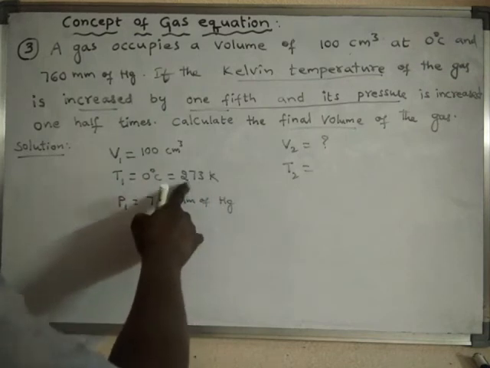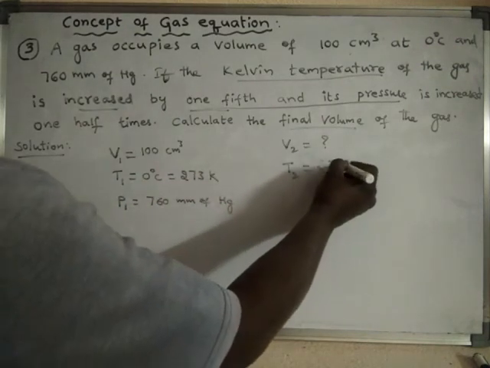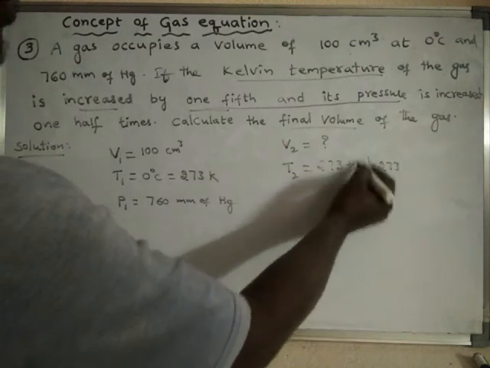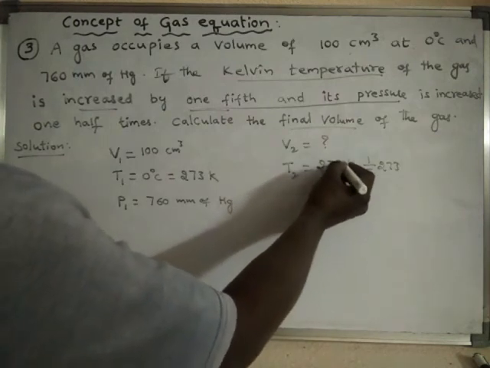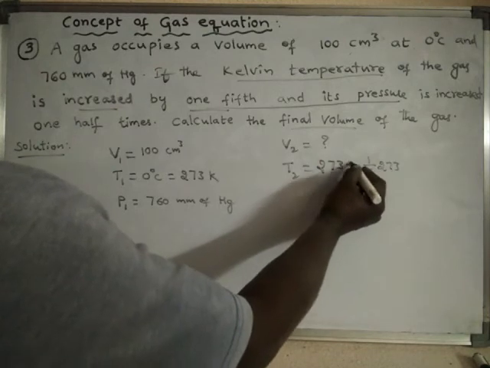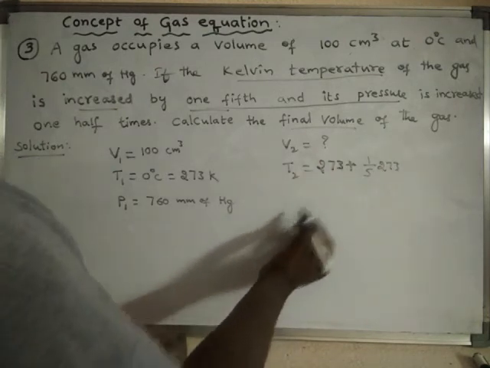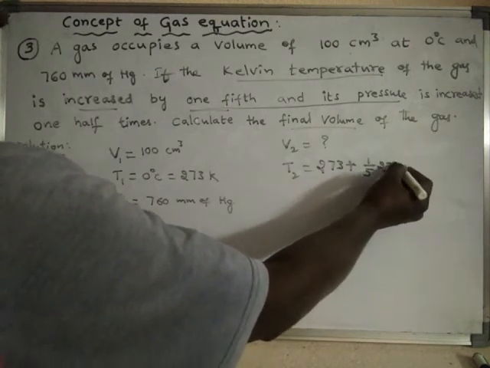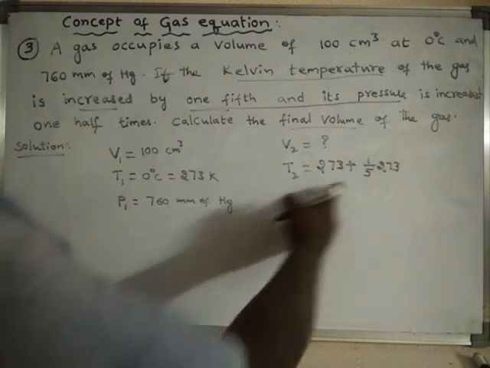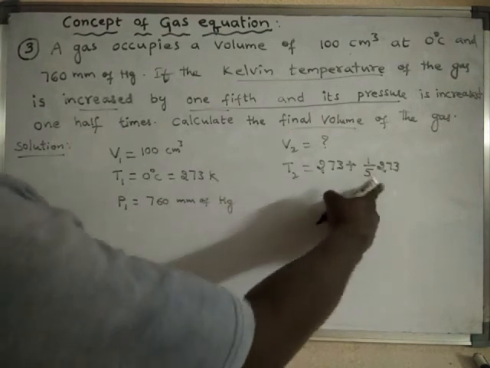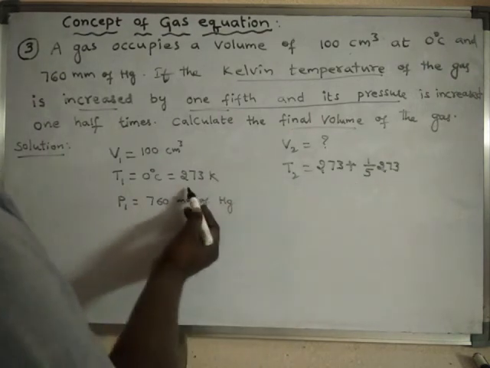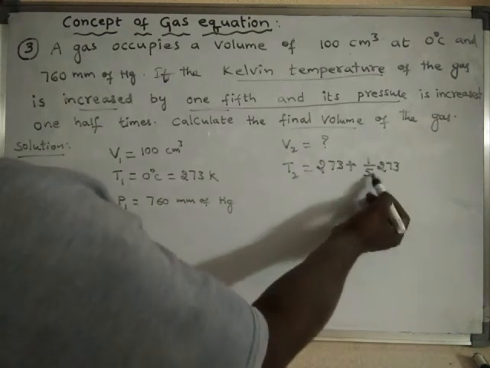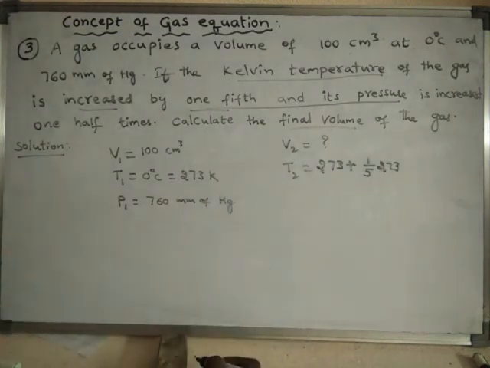So it is increased by 1/5 of its initial Kelvin temperature. So the temperature is increased by this much, 1/5 of its initial Kelvin temperature.